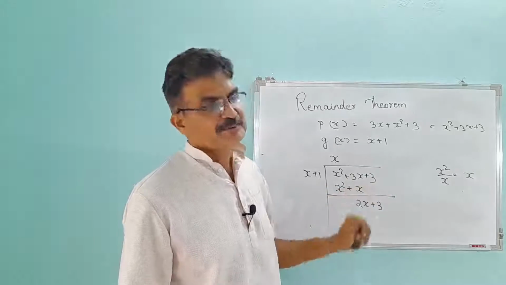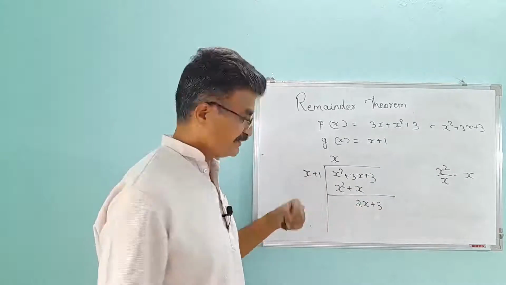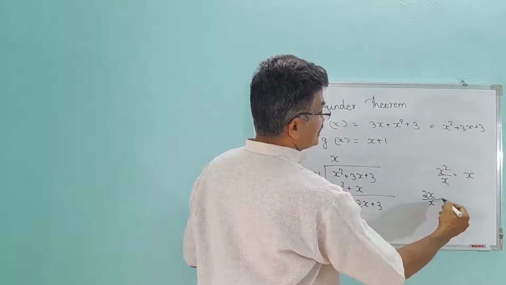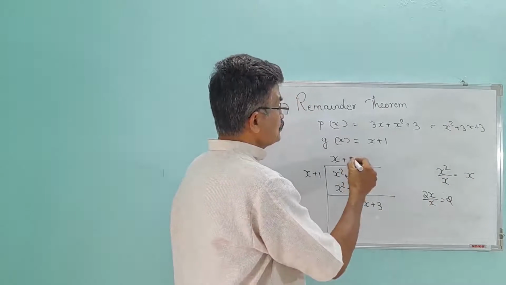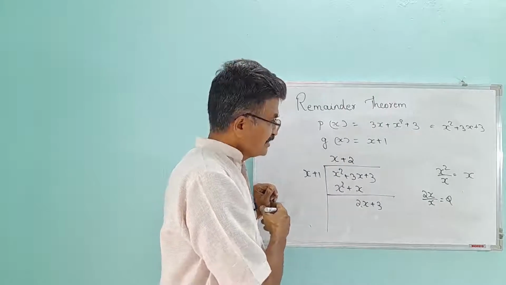Again, do the same procedure. Take the first term of the dividend and the divisor and do the division, that is 2x by x. What's the answer? 2, and the sign is plus. So plus 2 is the second term of the quotient.